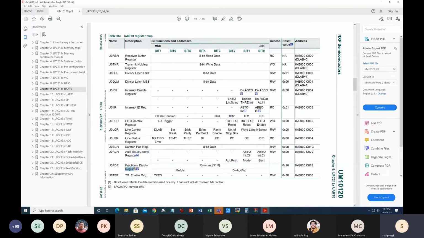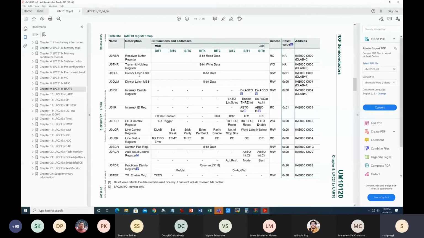And the fractional divider register. The point is this 16-bit divider of the clock signal does not make it very accurate. There is an offset error, a timing offset error. In fact, through a diagram I'll tell you next time. There is something called timing offset error in UART, and that actually happens because of the mismatch of the exact divisor clock and its ratio with the baud rate.